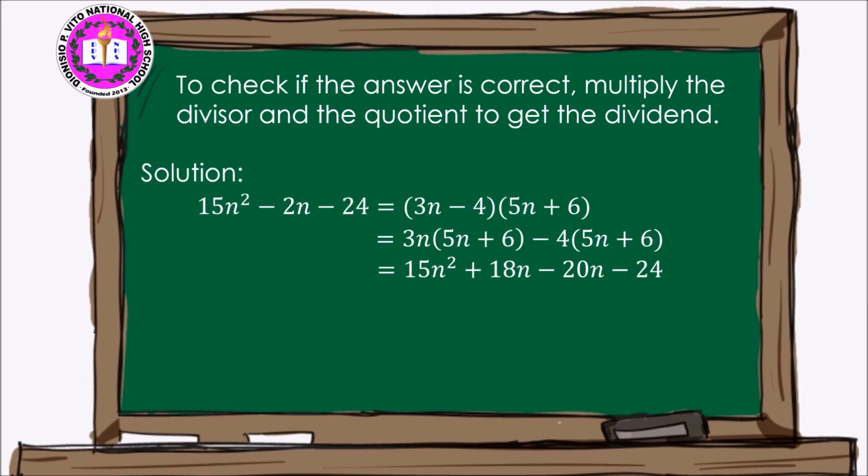So we have 15n squared, positive 18n minus 20n is equal to negative 2n minus 24. Therefore, the product of our divisor and the quotient is 15n squared minus 2n minus 24, which is similar to our dividend 15n squared minus 2n minus 24.